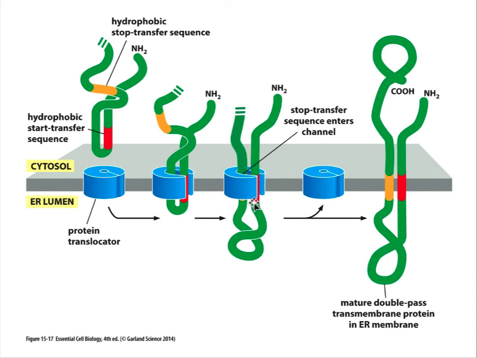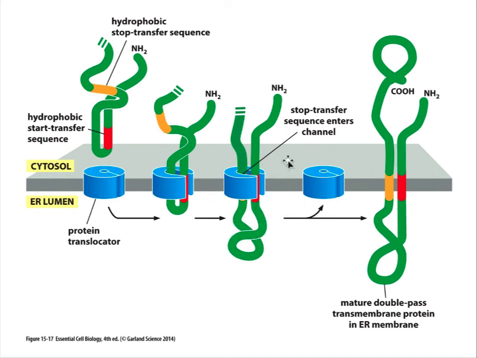But you can see what's happening here. So the red sequence this time sticks the polypeptide into the hairpin structure, therefore excluding the bottom part and keeping the amino end in the cytosol. This will continue until the orange part sticks that part of the polypeptide also in the translocator. So this loop is generated.